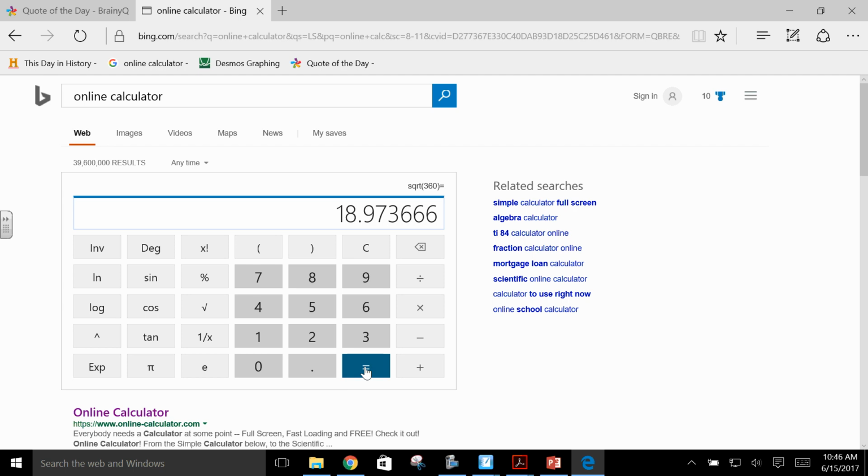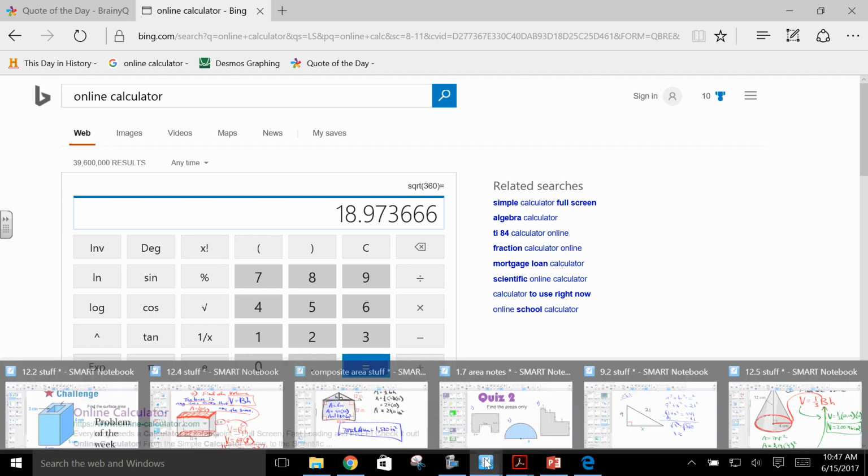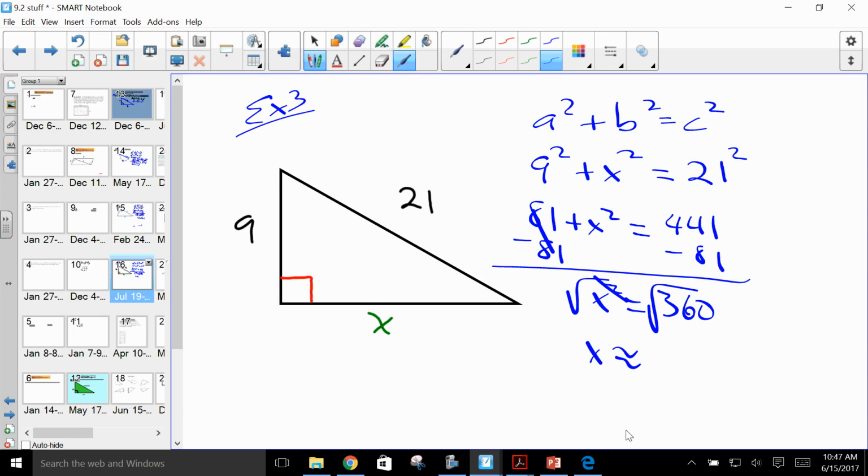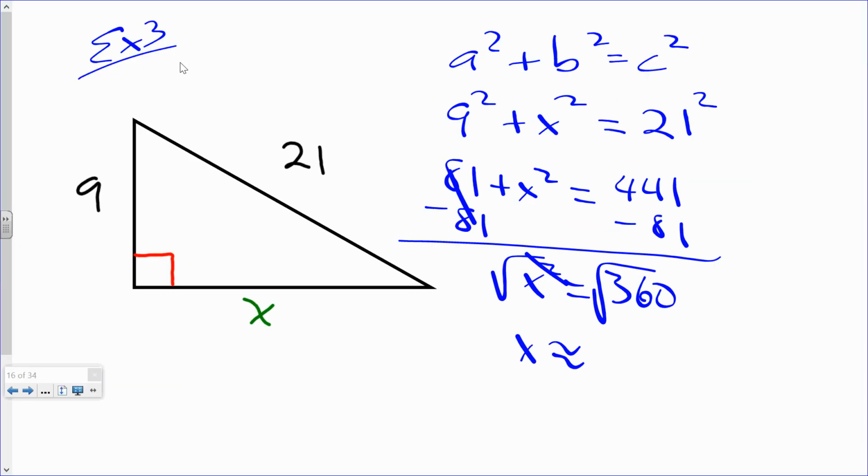You're right. So I'm going to round to the nearest tenth. It's already a 9. I looked to the right of it. This is 5 or bigger, so this goes up to a 10. So it's going to be 19.0. 19.0.